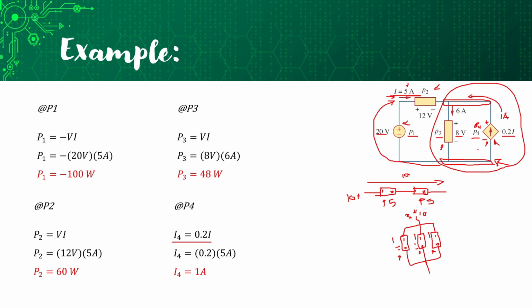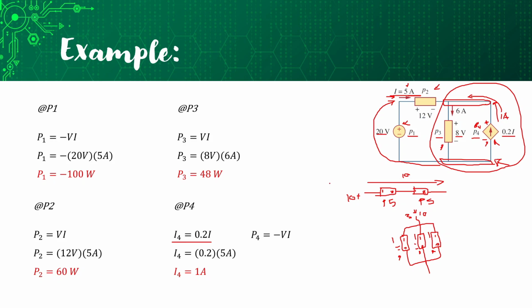Now we have determined the voltage in this dependent source. Using the passive sign convention, since the current is flowing in this direction, counterclockwise, and it comes out of the positive terminal, it means the element is delivering power.